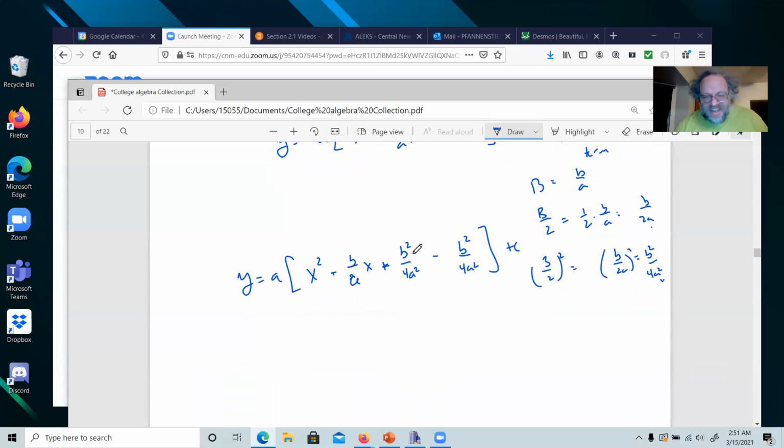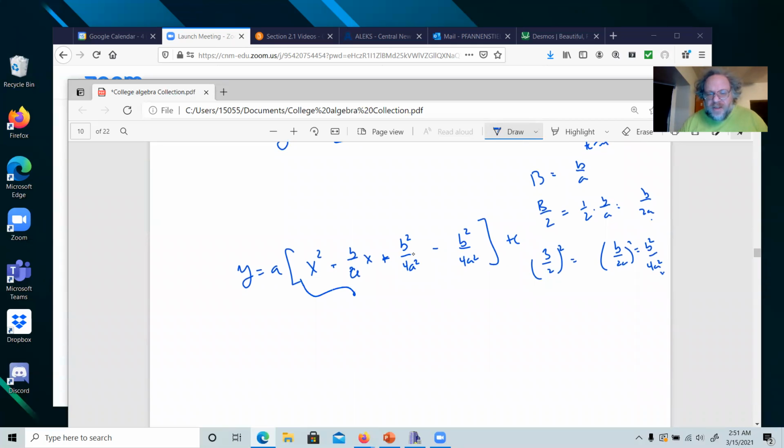Do you remember when we wanted to factor this, it always factored into a very specific form? That's what this is right here. So this is y is equal to a, parentheses, x plus b over 2a, squared, and then minus b squared over 4a squared, plus c.